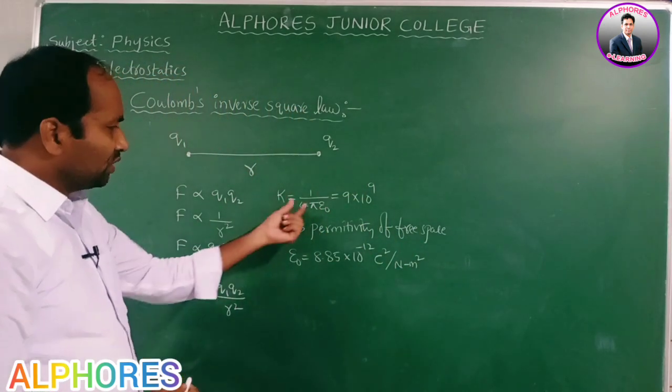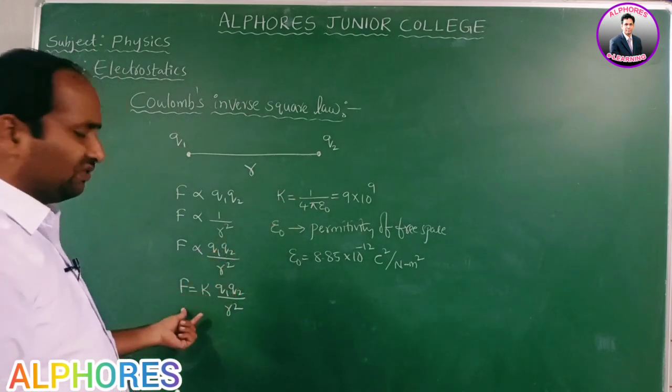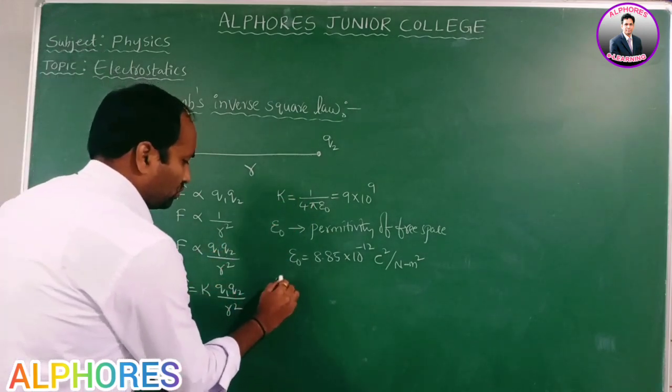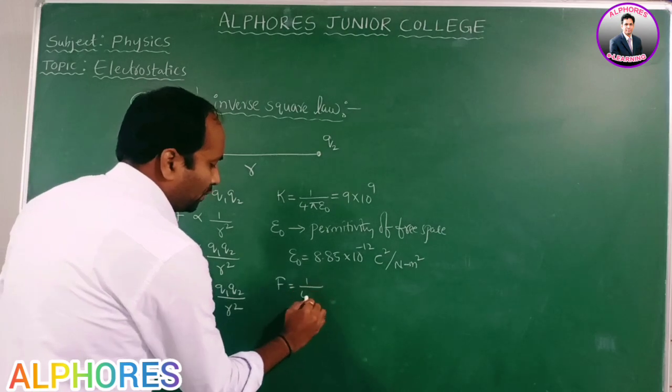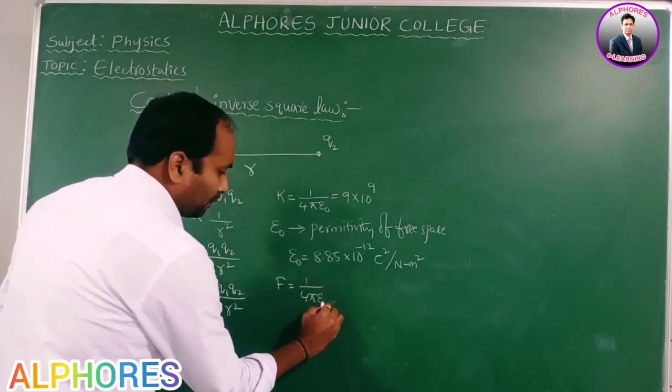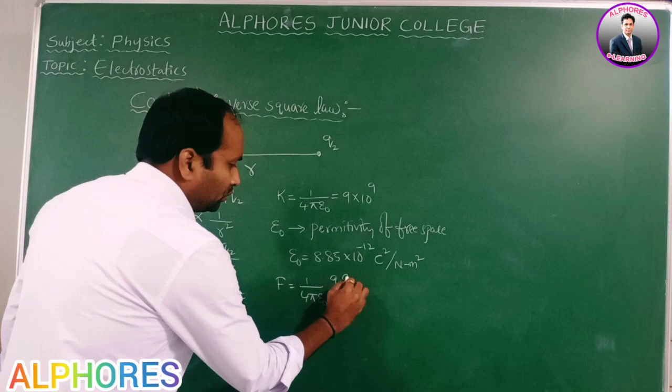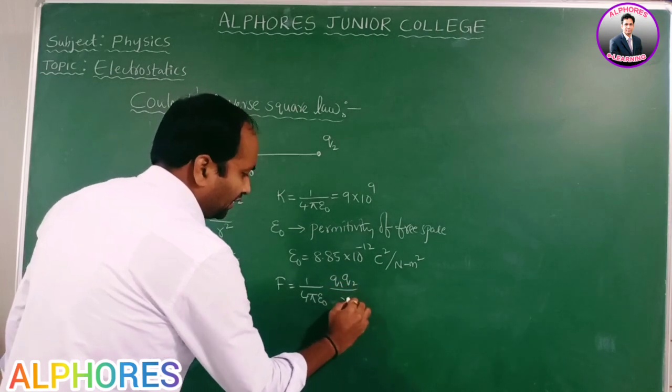Now substitute the K value in this equation. F is equal to 1 by 4 pi epsilon naught Q1 Q2 by r square.